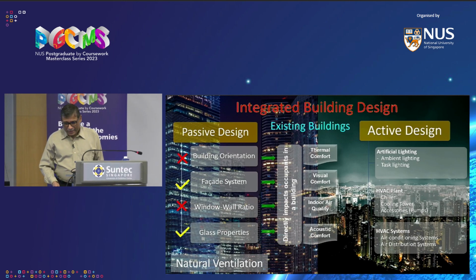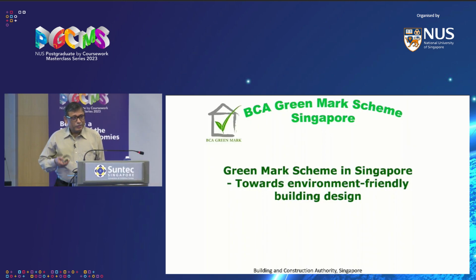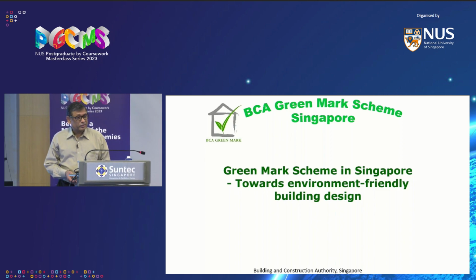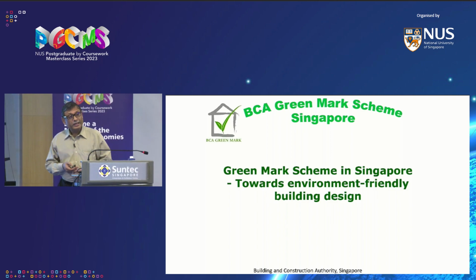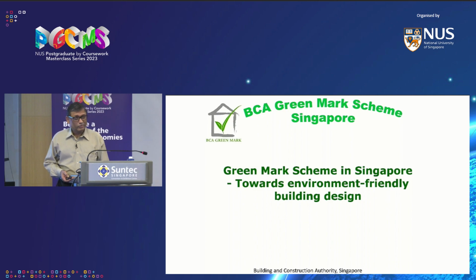Okay, now in Singapore, we have the Building and Construction Authority, who actually have this Green Mark scheme. It was first initiated here in Singapore in 2005. So it's about 18 years now.